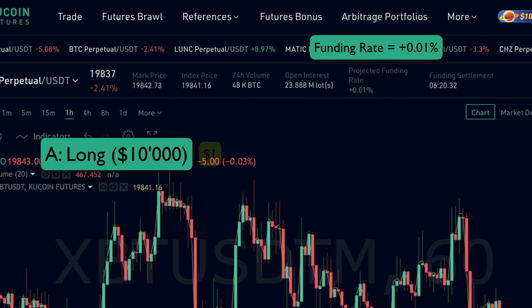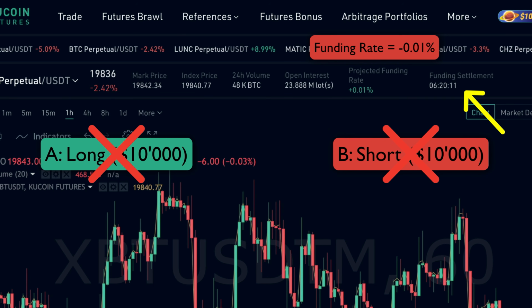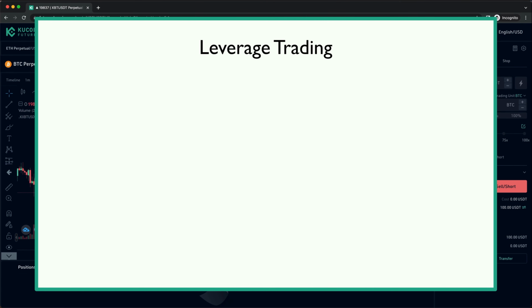This funding of 1 USDT will then be paid from trader A to trader B, who holds a short position worth 10,000 USDT. When the funding rate is minus 0.01%, then trader B would have to pay 1 USDT to trader A. However, if we close our position before the funding settlement countdown hits 0, then we are not participating in this funding settlement.